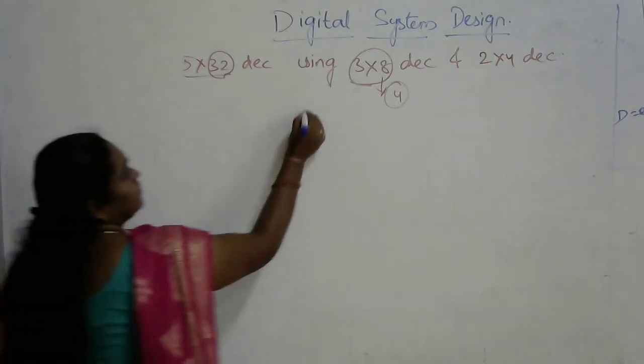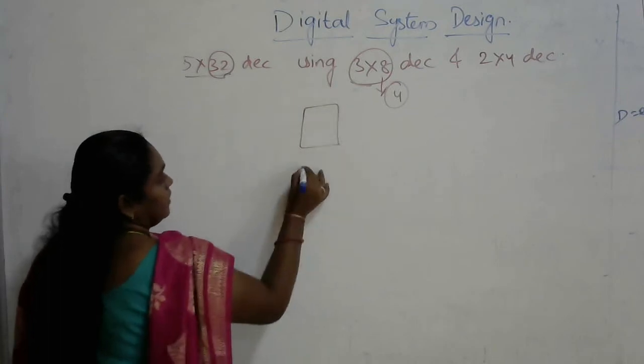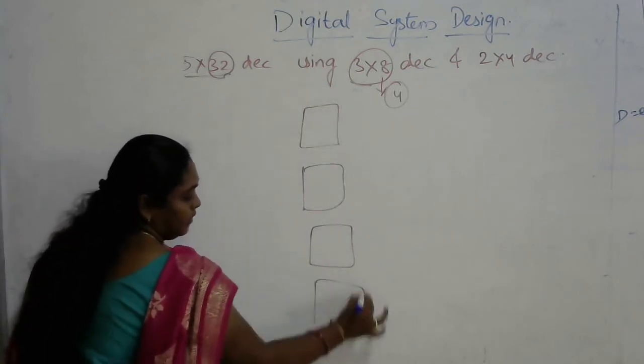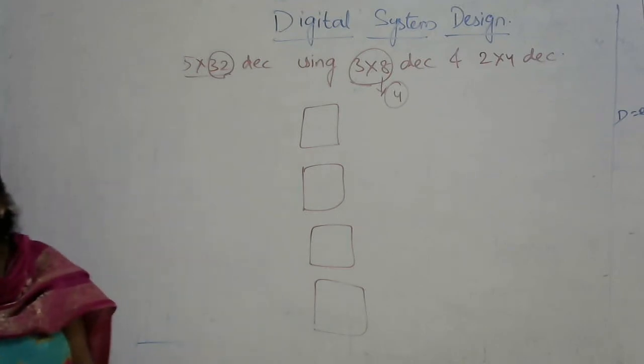So here I am drawing: this is one 3 by 8 decoder, this is the second 3 by 8, third 3 by 8 and fourth 3 by 8 decoder.